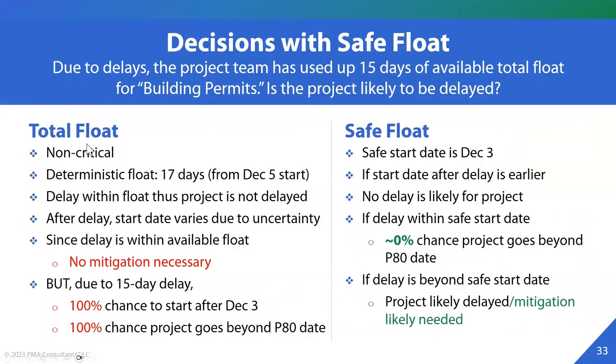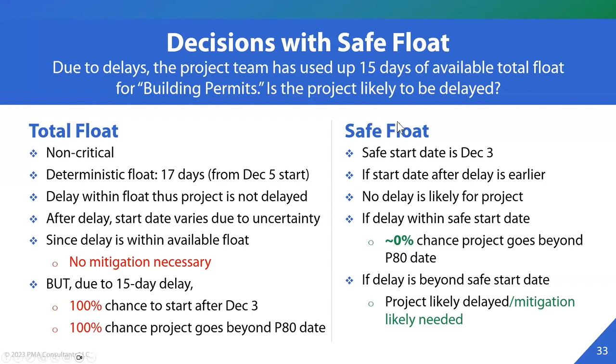So if we were using total float, the activity was non-critical originally. It had deterministic float of 17 days. Because we are only delaying by 15 days, delayed within float, the project is not delayed. And because we are not delaying the project, there is really no mitigation necessary.